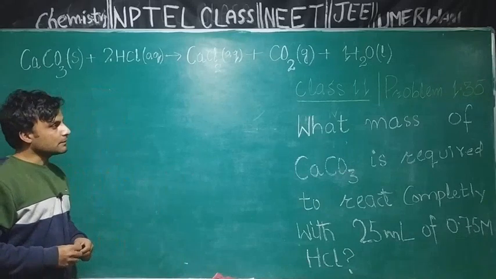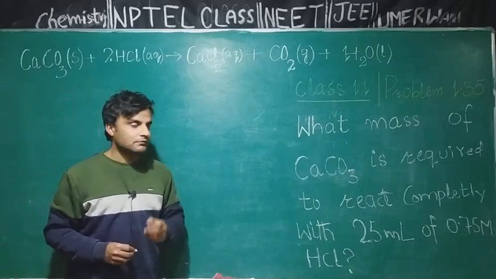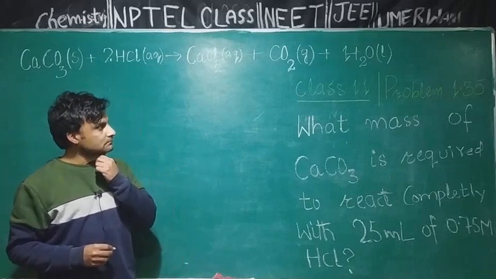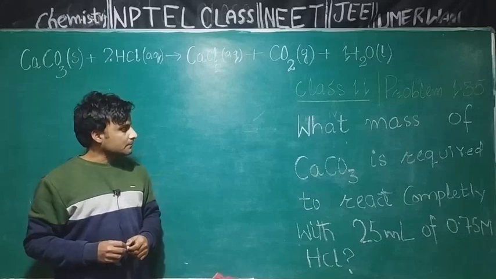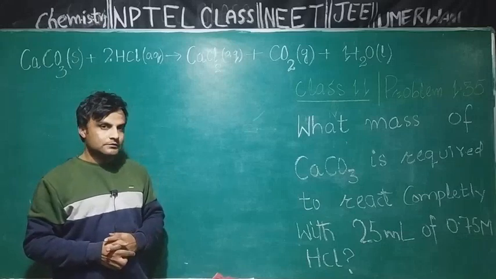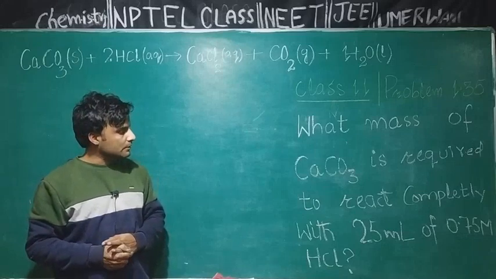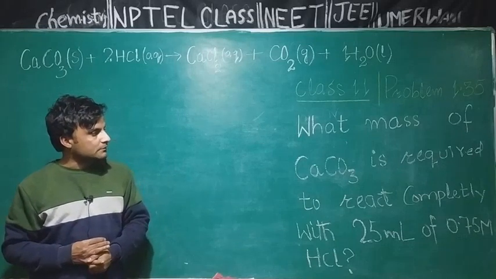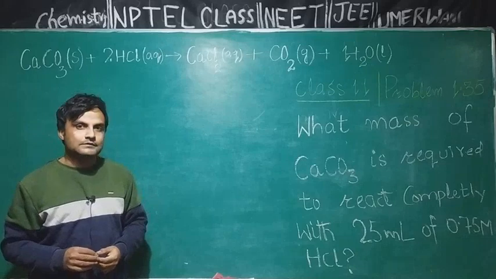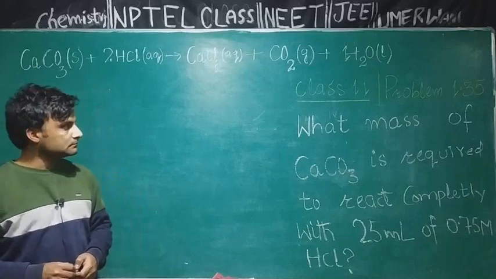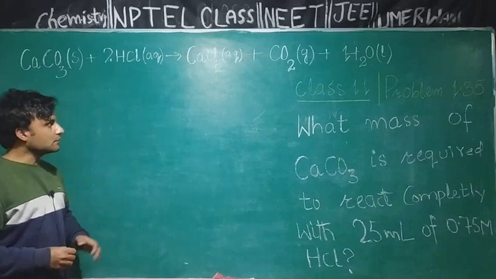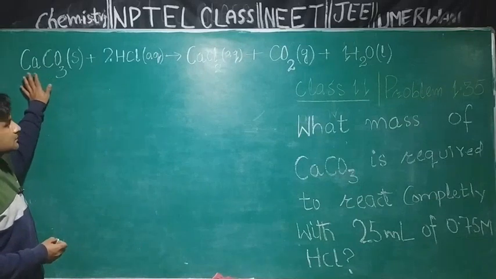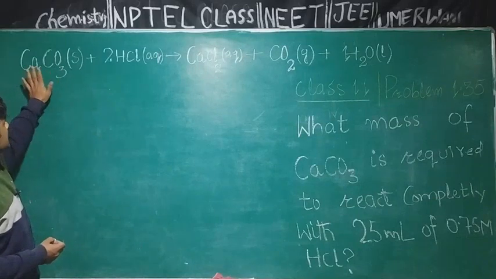Now I will come to my work, which is problem solving in chemistry. The problem is: what mass of calcium carbonate is required to react completely with 25 ml of 0.75 molar HCl? This problem is based on this chemical reaction.